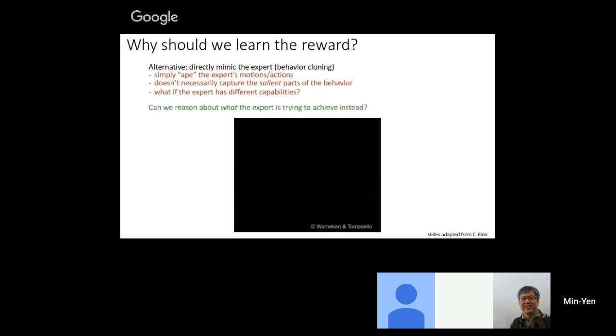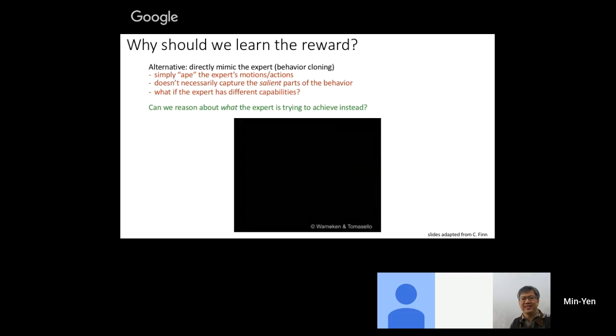Why should we learn the reward? We can always copy the expert behavior and then get the expected reward. But that is not good enough because the behavior provided might not capture the salient parts of the behavior, and we do not know whether the expert has different capabilities. So the reward that we learn might not be good enough.